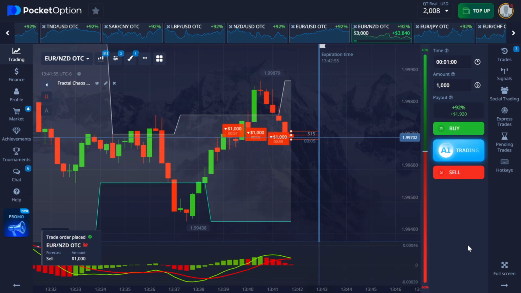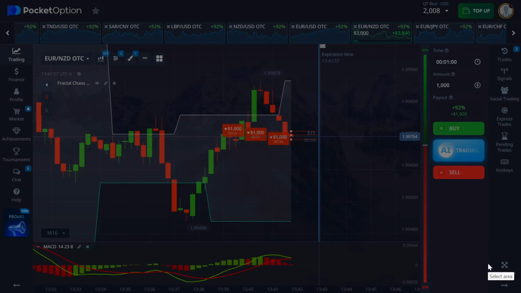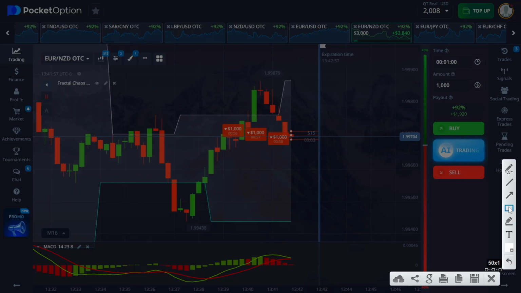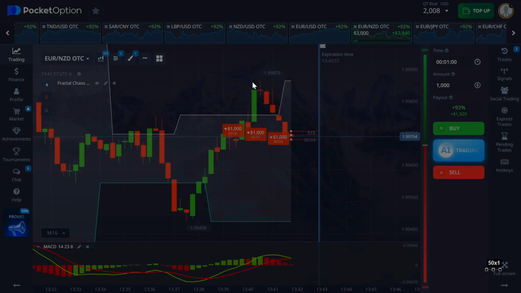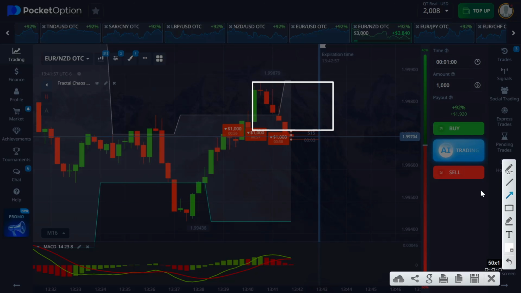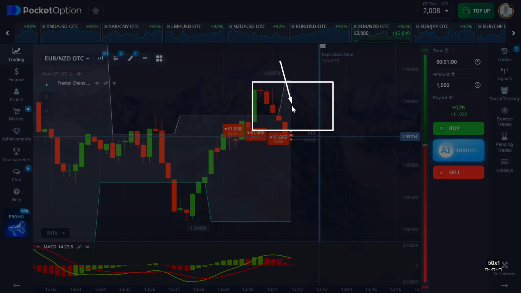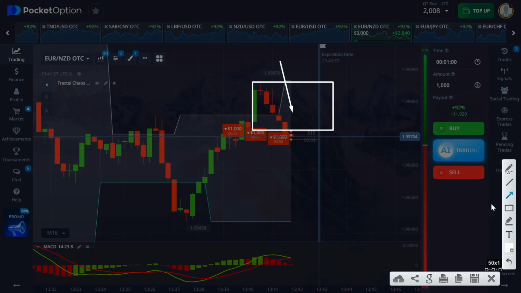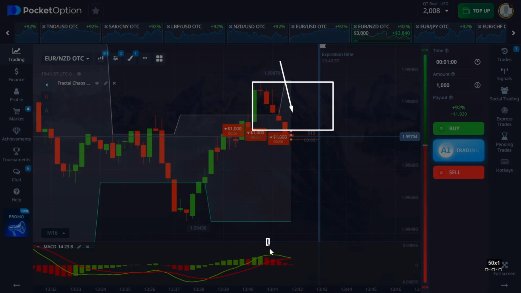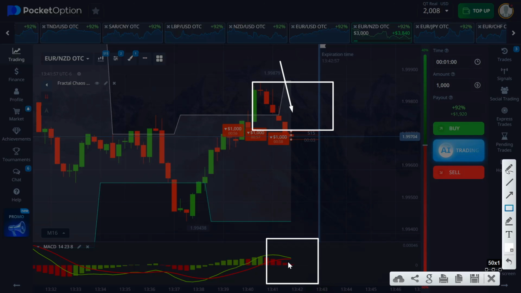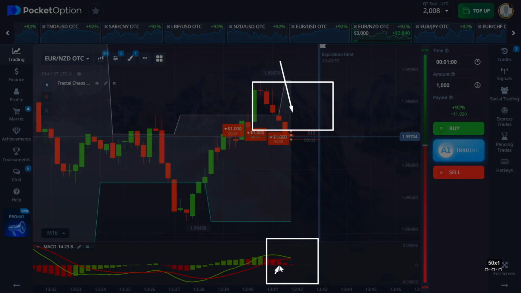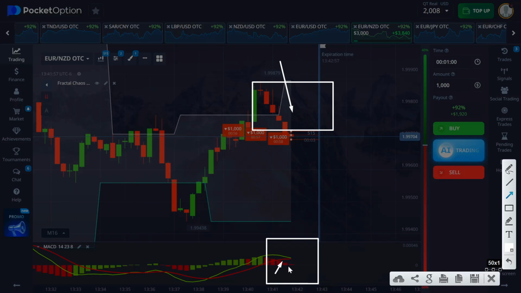Okay, so what am I looking for right here? I'm gonna explain to you guys now. As you see right here, the price came into the area of the fractal chaos band. Now, if you look closely below, you can see that the MACD is about to cross. Also, the histogram is the reason why I just entered, because I know that MACD will cross and come down.